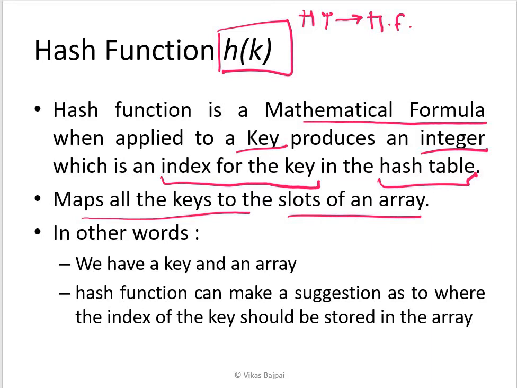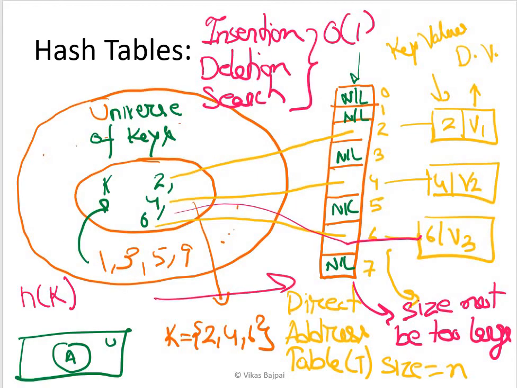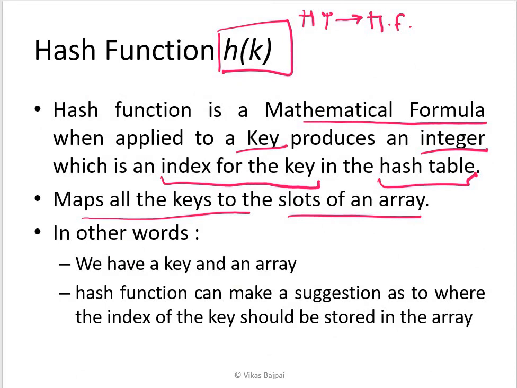So mapping takes place, and how it takes place, we'll see. Hash function will play a role. Maybe I'll try to explain this in different words. I have a key, I have an array. I have this particular hash function that can make a suggestion as to where the key should be stored in the particular array.